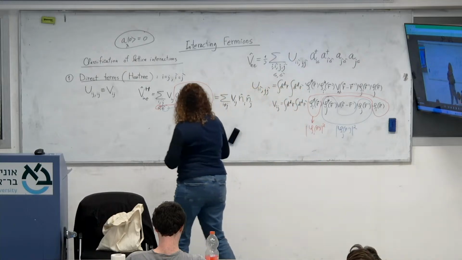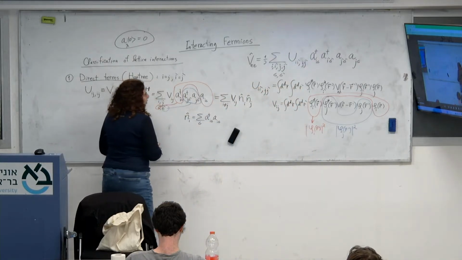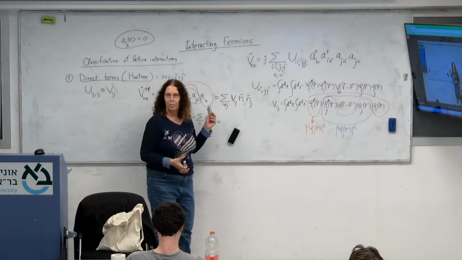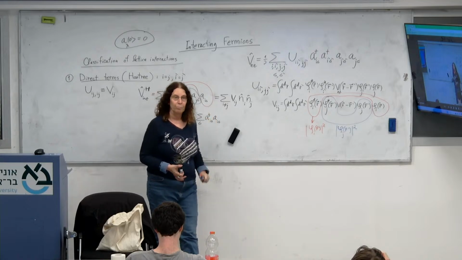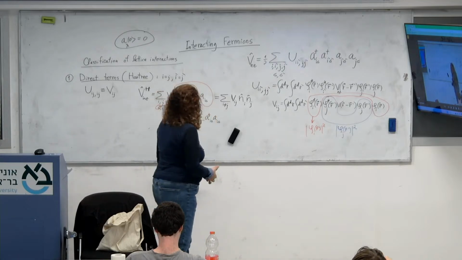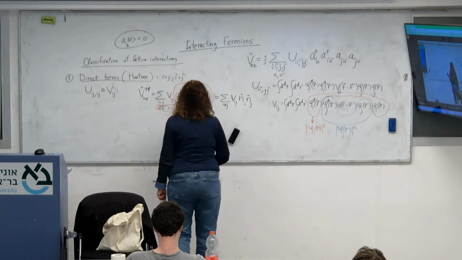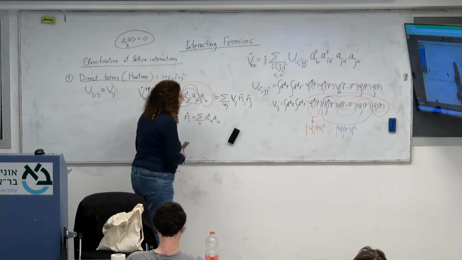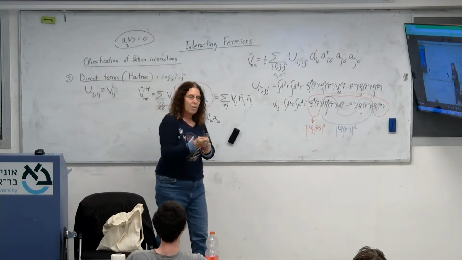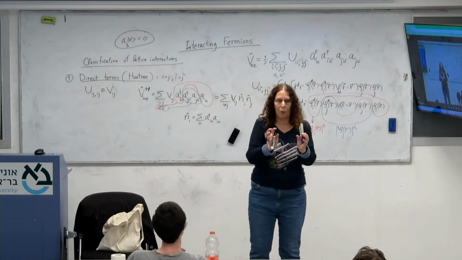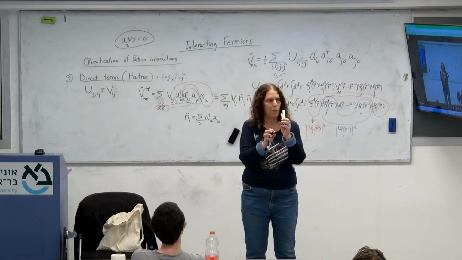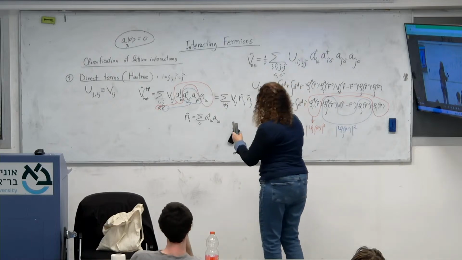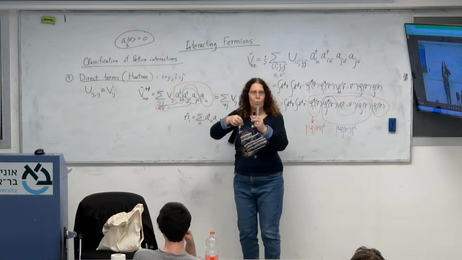So usually for practical purposes, we'll just take the nearest neighbor, okay? And the reason that it's called direct is that this has a classical analog. You just have to look at the occupation of two sites, and the interaction describes the interaction between these two electrons.